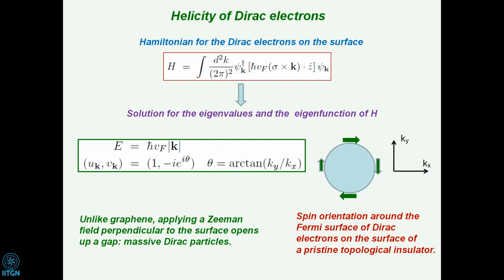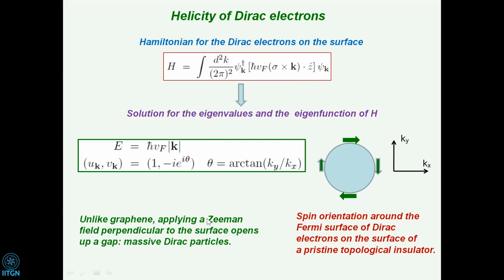So you can control the gap of these Dirac electrons by simply putting a magnetic field perpendicular to the surface. So these properties are not too different from that of graphene.